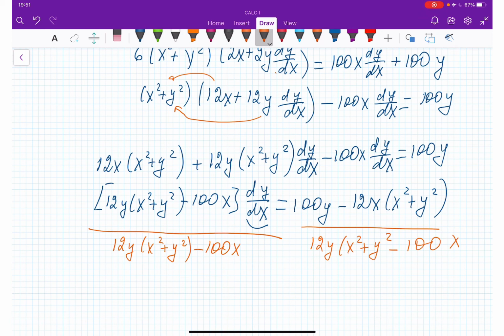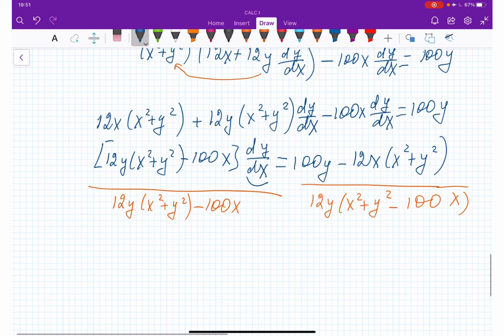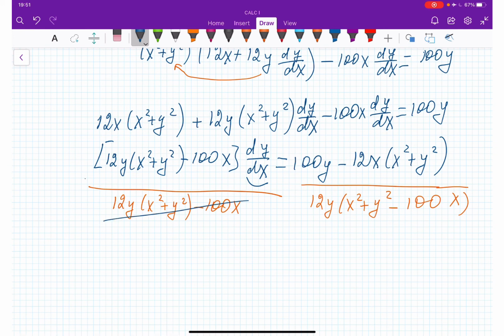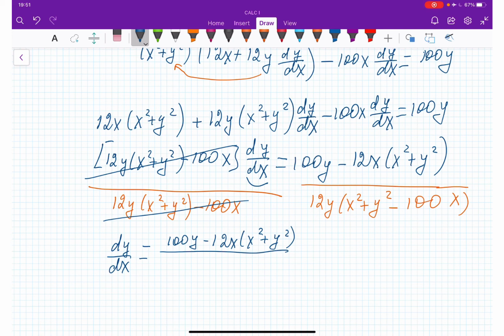Okay, so that is going to be equal, we're going to cancel this with this, and my dy by dx is equal to 100y minus 12x (x squared plus y squared), and let me see, oops, these 100x parentheses are here.